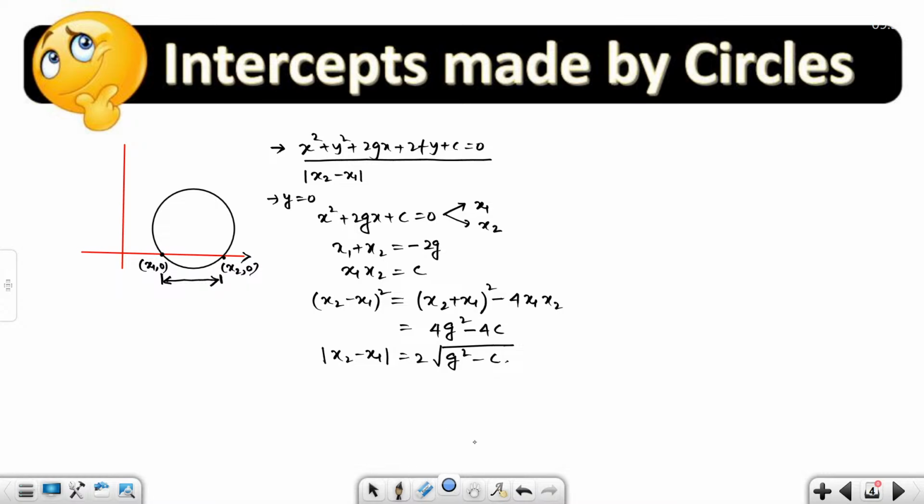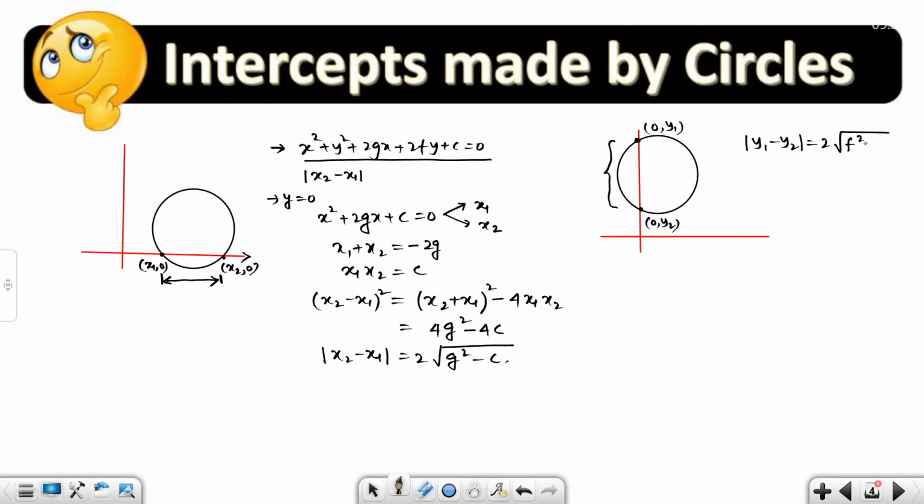Now similarly, if we draw the same thing when the circle is intercepting the y-axis, the intercepted portion, that is this length, if this point is 0 comma y1 and this point is 0 comma y2, then this intercepted length will be 2 root over f square minus c.